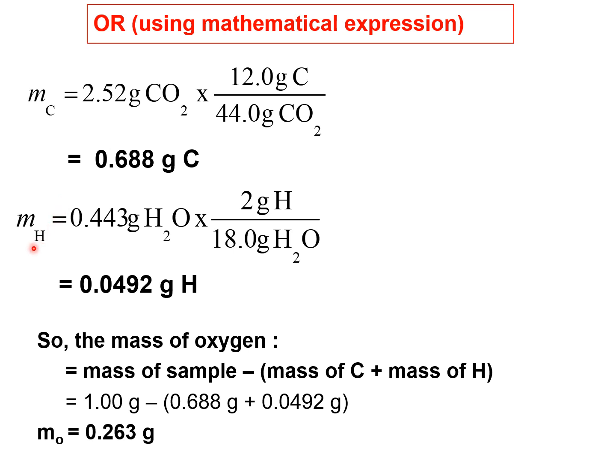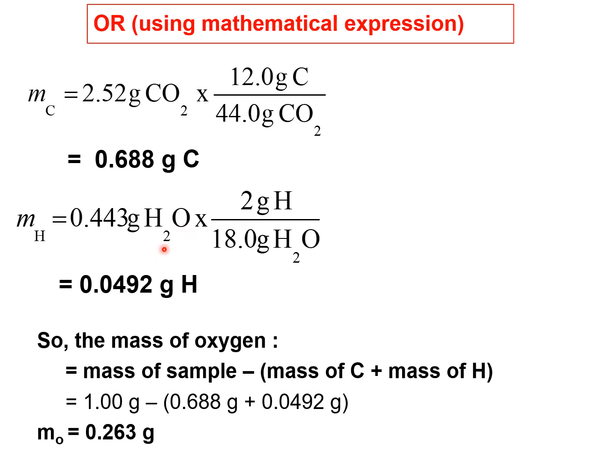And then you nak kira mass of hydrogen pun sama. You tahu mass of water berapa, and then you kalikan dengan mass of hydrogen. You tahu you ada 2 hydrogen di situ. So that's why the 2 gram of hydrogen bahagikan dengan 18 gram of H2O. Cumanya cara ni bukannya tak selamat ke apa, tapi cumanya takutlah kalau kamu terlupa nak letak 2 gram of hydrogen because you ada 2 hydrogen di sini.